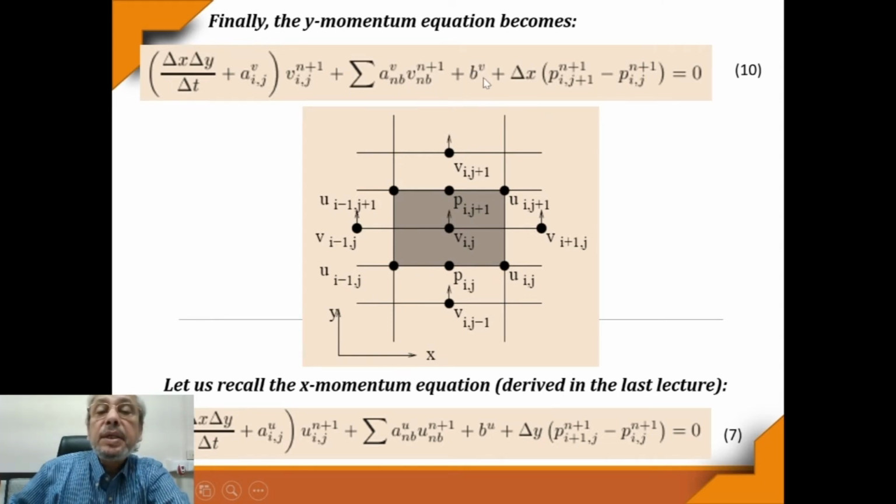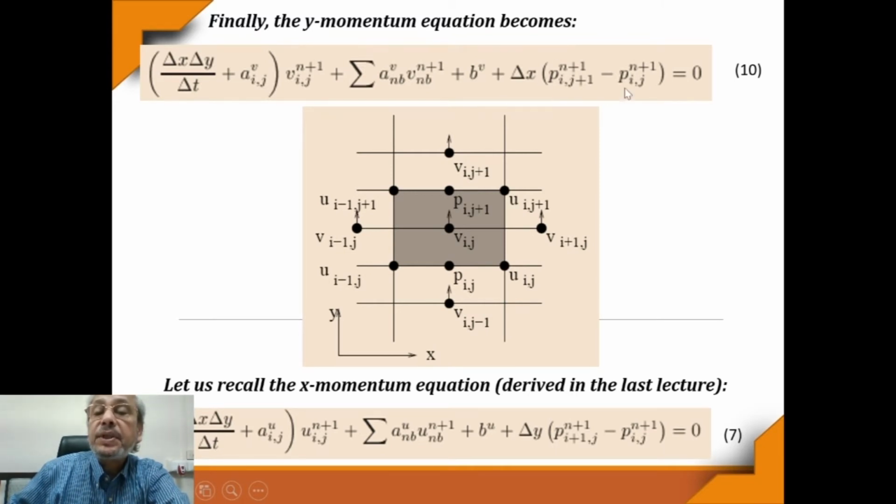Again, this term will be, if we follow what we did for x momentum equation, delta x into delta y multiplied by Vij at nth level divided by delta t. We did it earlier.